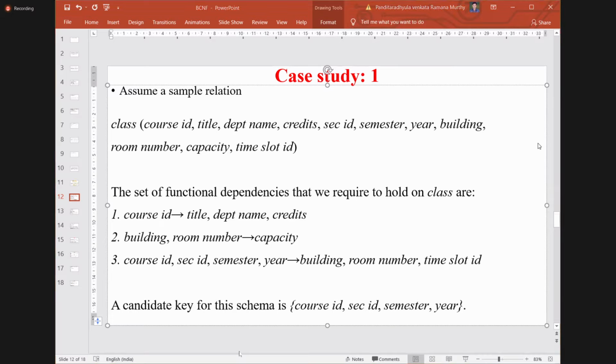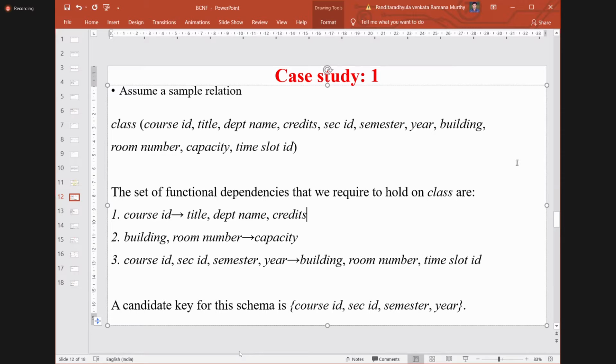Look here, we may have a couple of columns that are common in the sets of functional dependencies also, no problem. Clear? Basically it is divided into three parts, but each and every field must be part of some functional dependency. Be careful. Based on this, we identified some dependencies, right? So these are the functional dependencies based on the above table, the class relation.